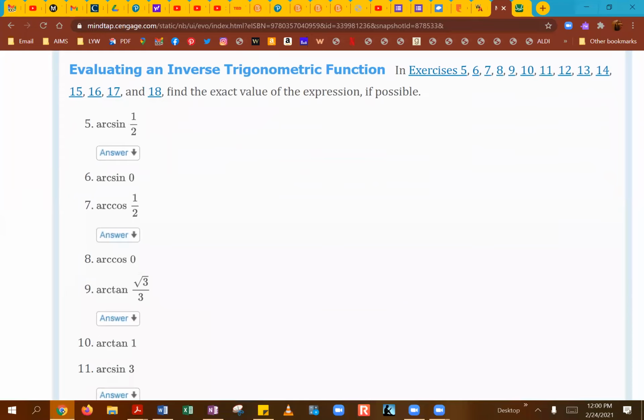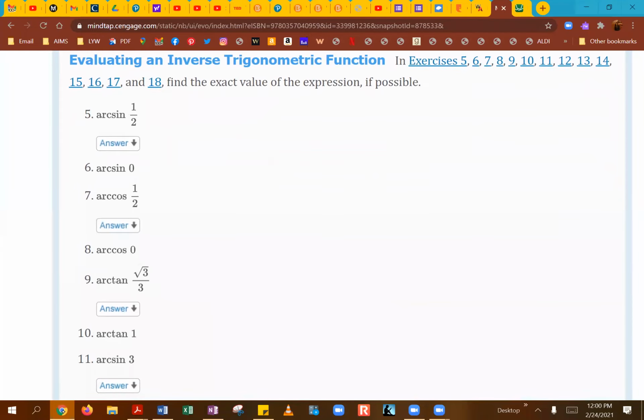All right, so we're looking at number 6 there. Same thing, find the exact value of the expression if possible. So we're talking about arc sine of 0. If we think about this as y equals arc sine of 0, if we had to rewrite this, this would be sine of y equals 0.